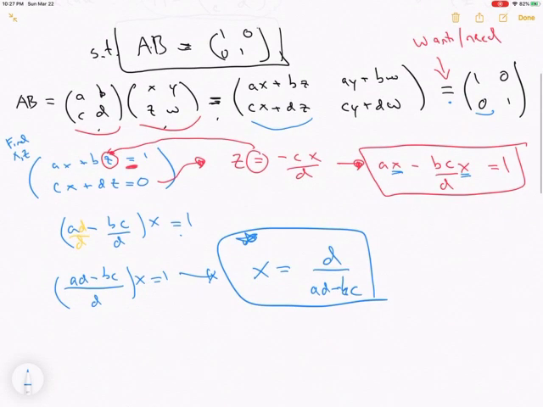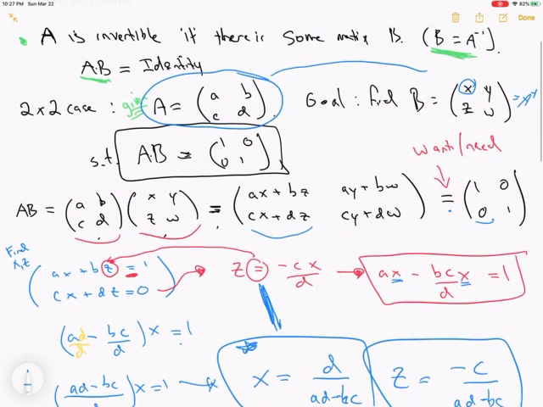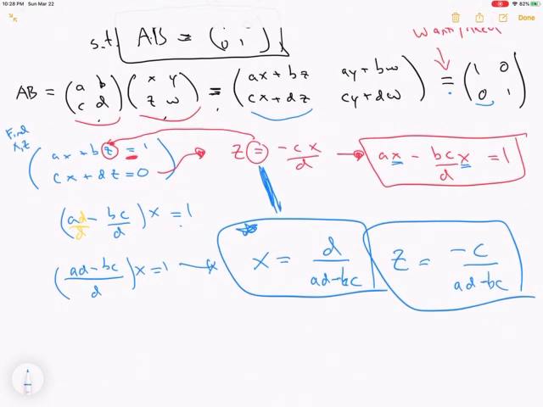But now notice that since we know what x is, we have an explicit formula for what z is. We can just plug it into the formula above, and z becomes negative c over ad minus bc. Yay! So we've actually found the first column of the inverse matrix. We have an explicit formula for the first two entries of the inverse of a 2x2 matrix.